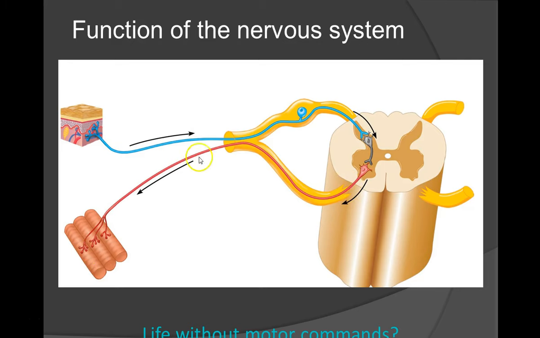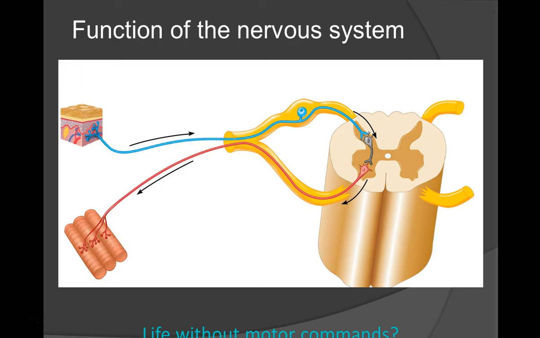This is a nerve cell, called a neuron. This blue one over here is also a neuron, a nerve cell. And over here we're showing skeletal muscle, the things that move our bones and give us mobility.